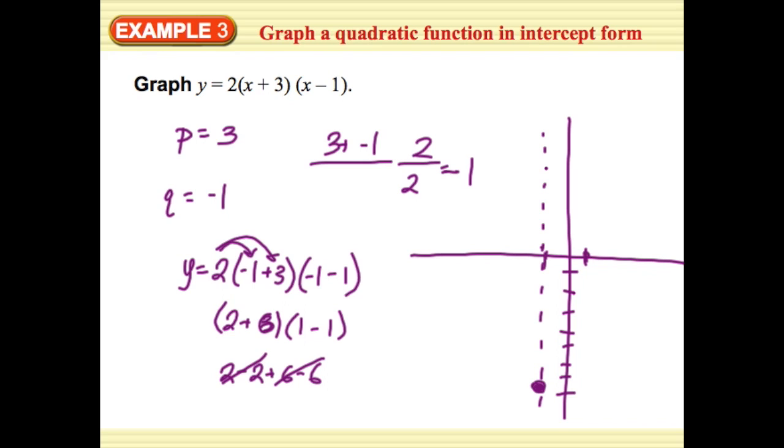So that's going to be a 0. I reflect over my axis of symmetry, connect my dots, and I have my quadratic. So again, figuring out where the vertex is going to be, substituting in values, and working from there.